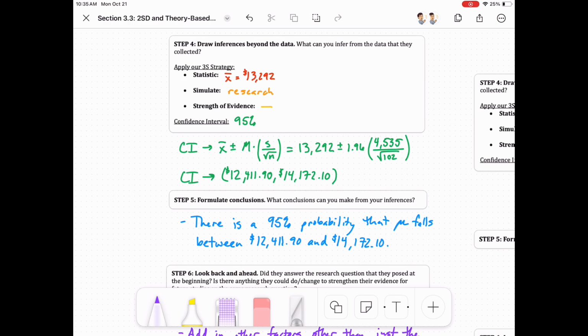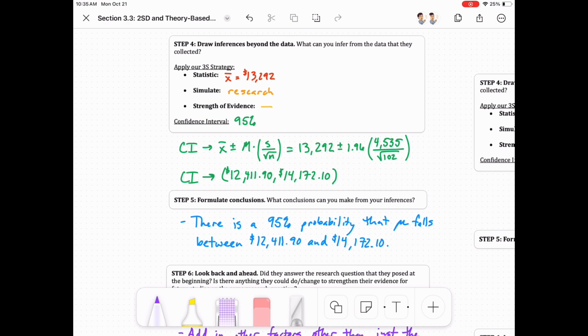So let's say that our confidence interval is at 95%. Then that means our margin of error multiplier should be 1.96. Plugging in all my values, I can see that my confidence interval should be between $12,411.90 and $14,172.10.